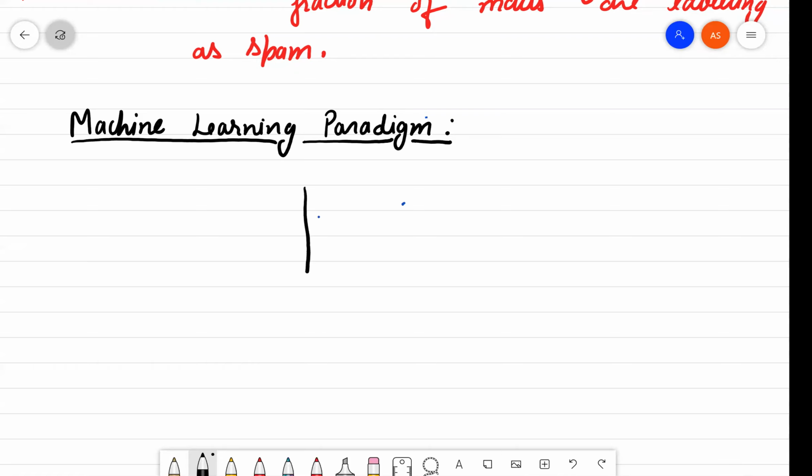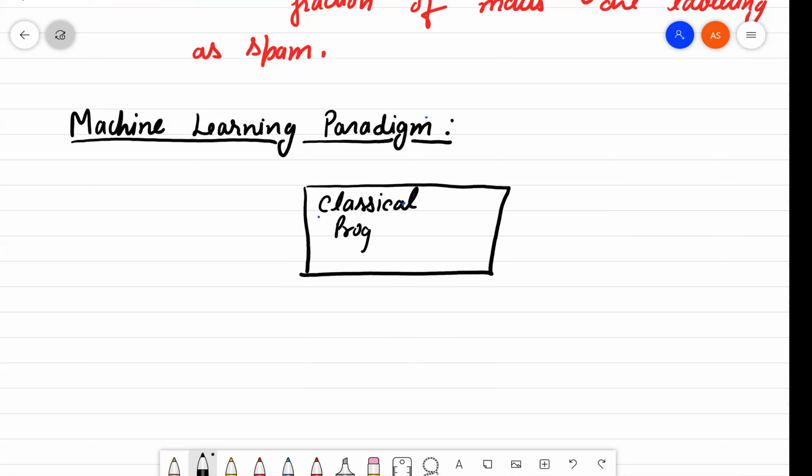In the classical programming approach, we have certain rules and we have certain data.